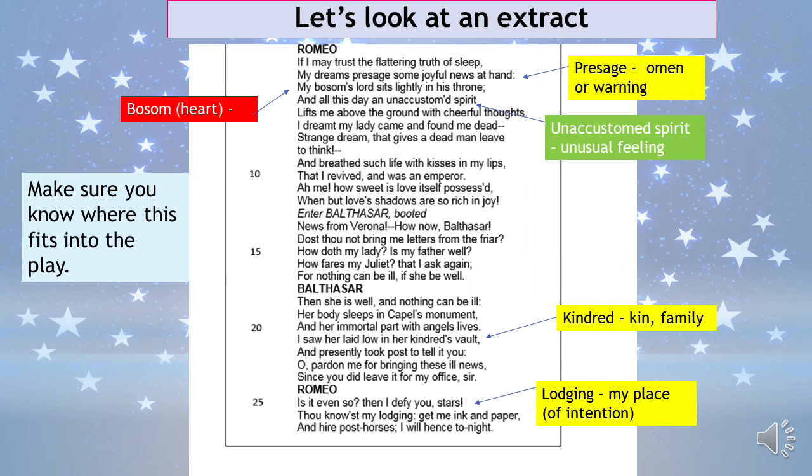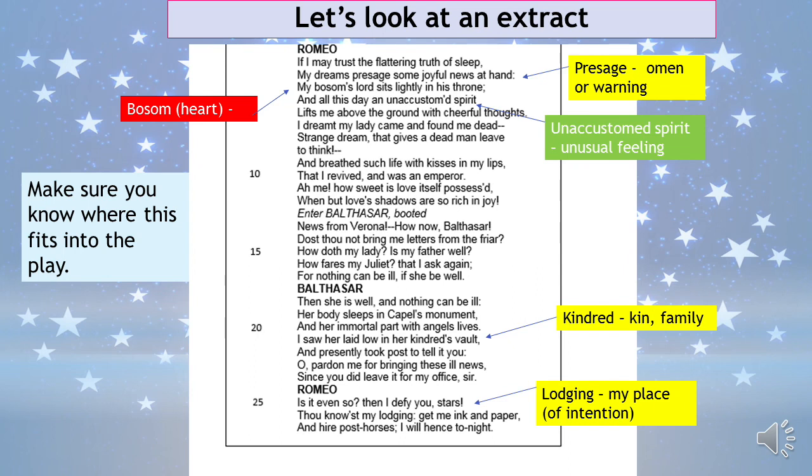Now sometimes they will tell you what is happening and what has just happened before this, but this is the bit where Romeo is waiting for news from the friar about how he can be together again with Juliet, and Balthazar comes into the scene and tells him about Juliet's death, or the perception that Juliet is dead. Of course we as the audience know that she's not. It's all part of the friar's plan.